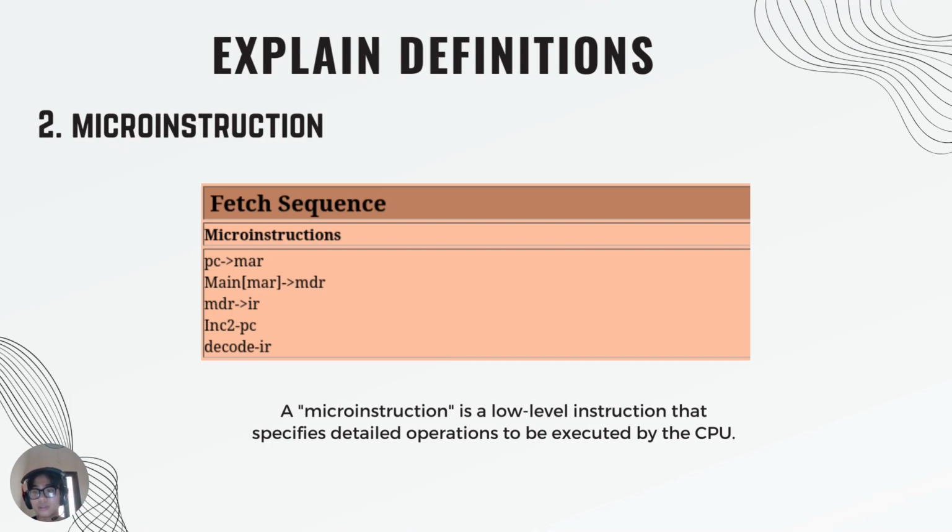These micro instructions are part of the microprogramming control unit and are responsible for controlling the internal operation of the CPU, such as reading, writing, register to register, performing arithmetic operation, and handling data transfers.